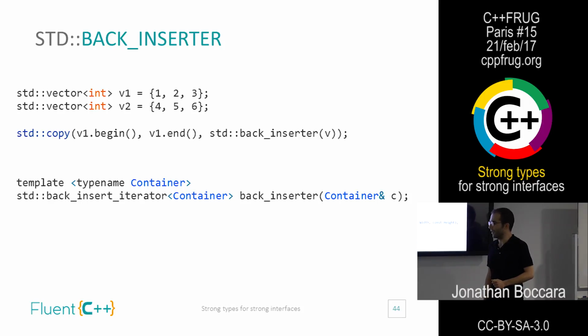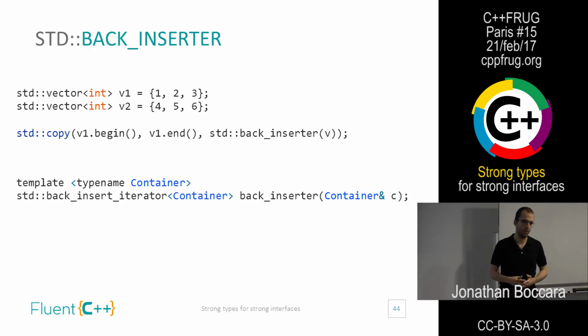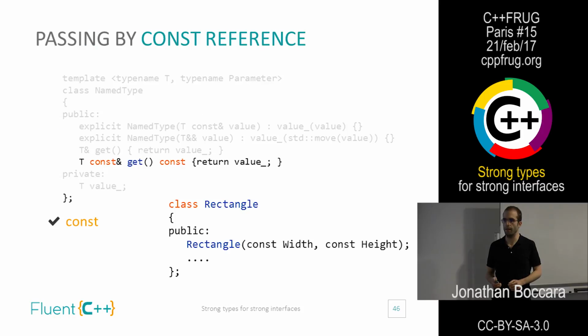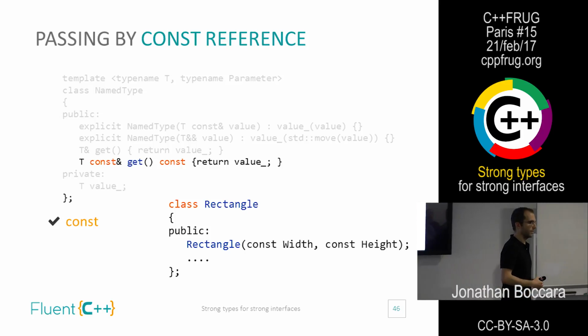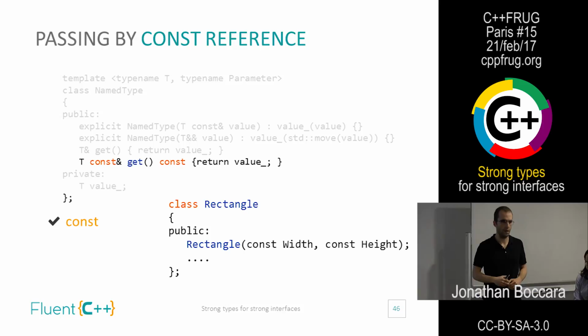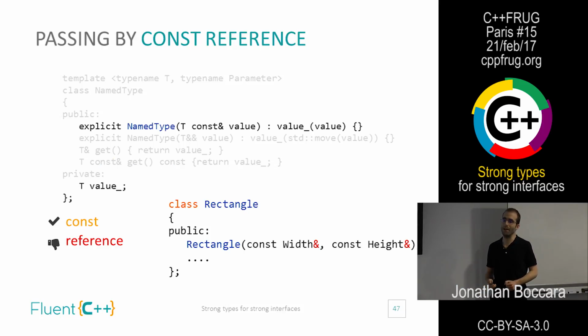So how does that work? Let's go back to passing by const reference and take the two problems separately. Passing by const is okay, right? Because we deal with constness over there. We can have a const reference to the parameter we are strengthening. But passing by reference is not okay, not at all.